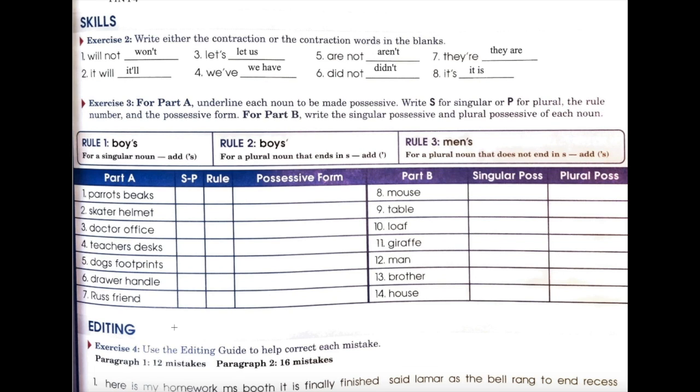Part A, parrot's beaks. Underline the noun. Is it singular or plural? It is plural. What rule does it follow? It follows rule number 2. The possessive form is parrots, apostrophe, beaks.